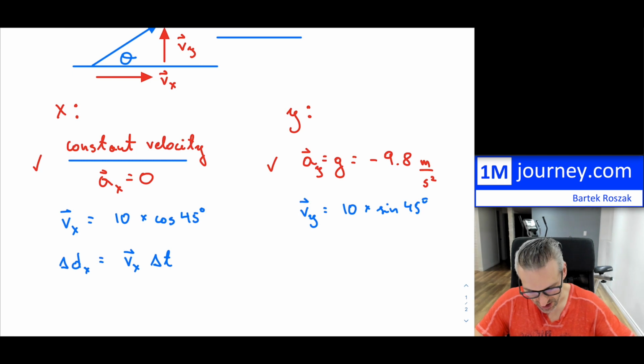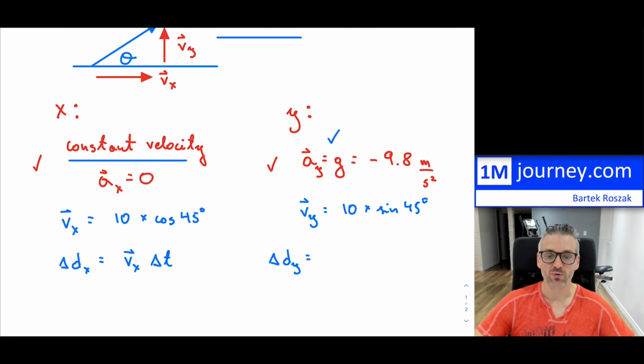Now, on the other side, if we wanted to know the distance in the y direction, this is a little bit trickier because we do have an acceleration. Then you can think back to all of the different kinematics equations we used, and I can put up a link above going through those key equations.